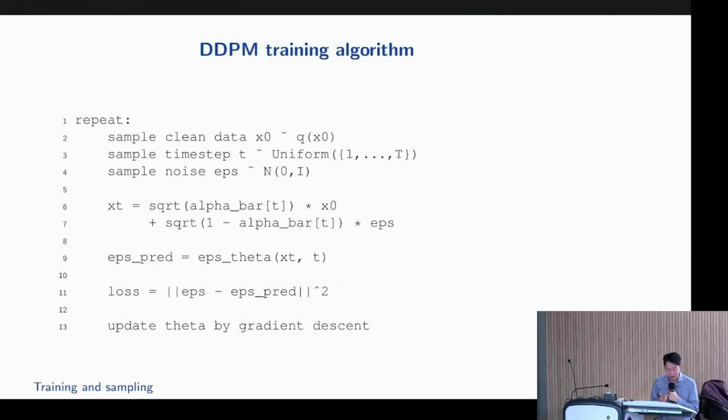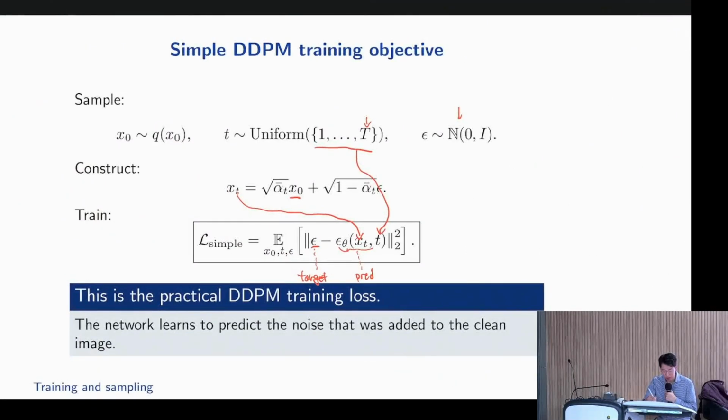So here's the algorithm. So first, you sample clean data from your dataset. You sample a random time step from 1 through capital T. You sample IID noise. And you one-shot generate t-step noised image by using the equation here.